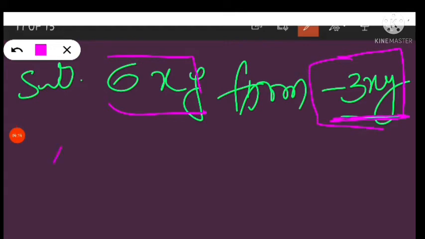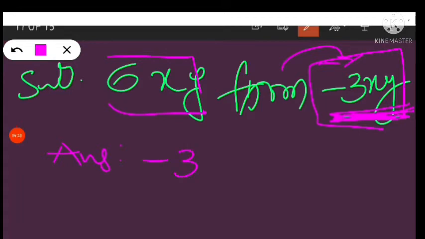So in order to write the answer, how do we start? First you should write what comes after "from", so minus 3xy will be written first. He has mentioned to subtract, and subtraction is nothing but minus, so you should put a minus sign. Then you should write the first term he mentioned, that is 6xy.